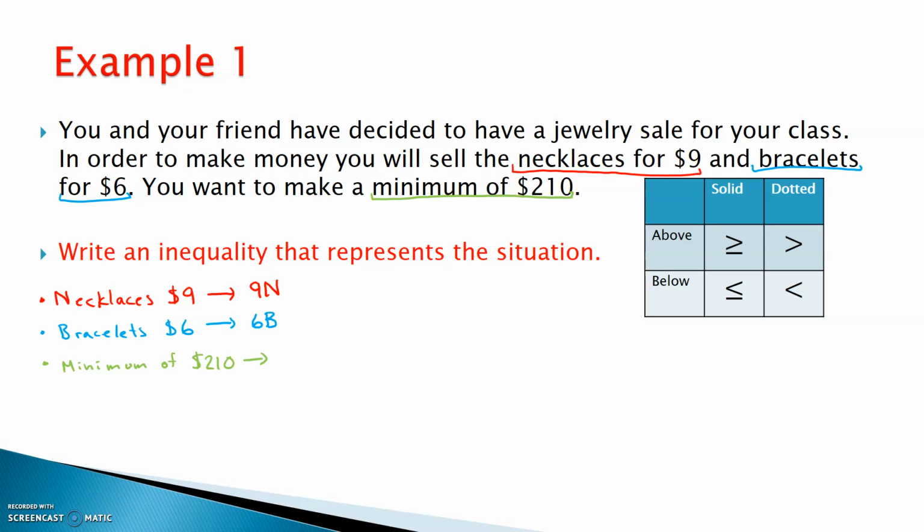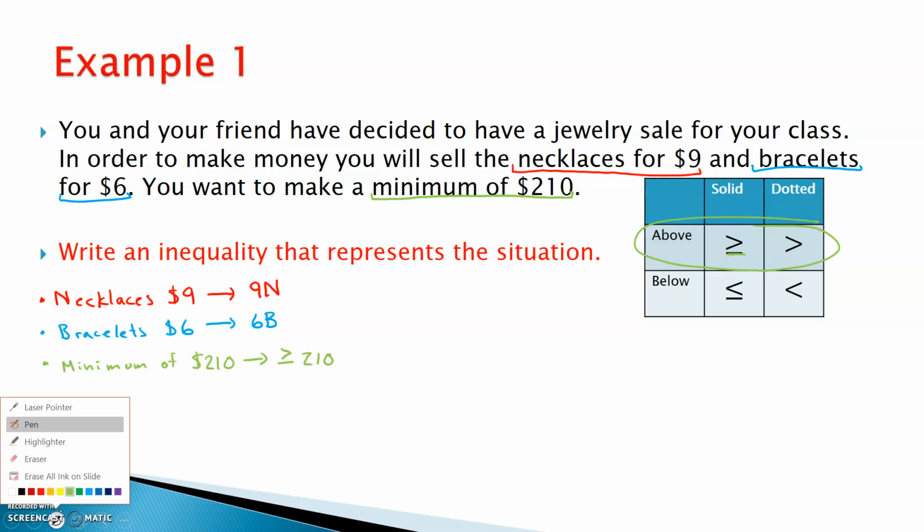If you're only making like $100, it might not be worth your time. So you have to be somewhere above. But minimum also means, can I make exactly $210 and be okay with it? Yeah. That's why we're going to choose this one right here, because it has the equal to piece. So I need it to be greater than or equal to the $210.